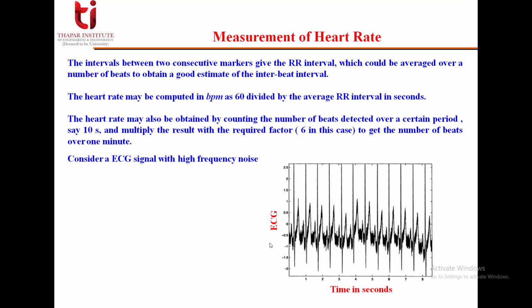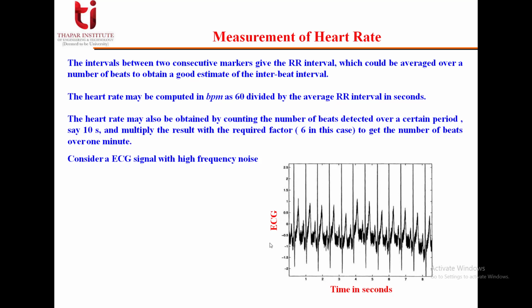The heart rate may also be obtained by counting the number of beats detected over a certain period, say around 10 seconds, and multiplying the result with the required factor. Here it is 6 to get the number of beats over 1 minute.